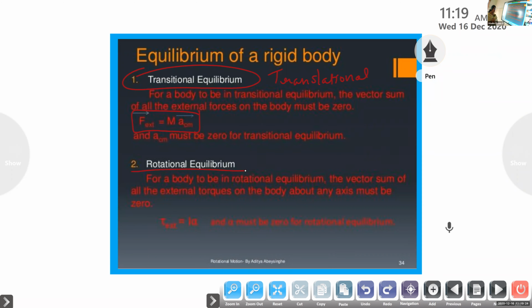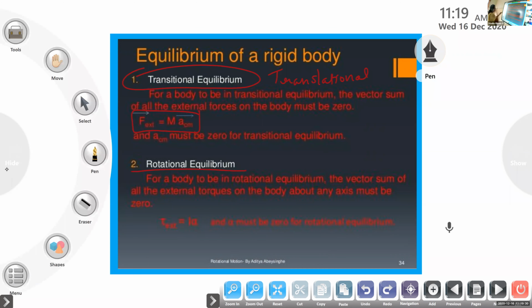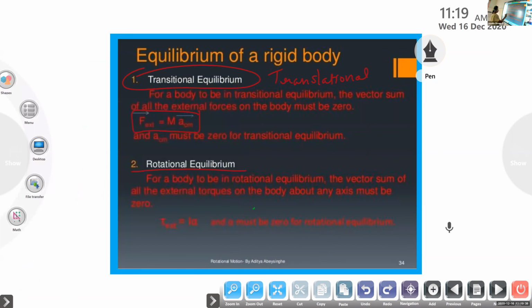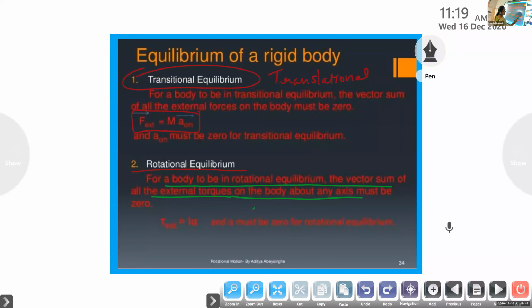Rotational equilibrium means, for a body to be in rotational equilibrium, the vector sum of the external torques. Here it is forces, but here whatever is the turning effect of the force, that should balance. For a body to be in rotational equilibrium, the vector sum of the external torques on the body about any axis must be 0.